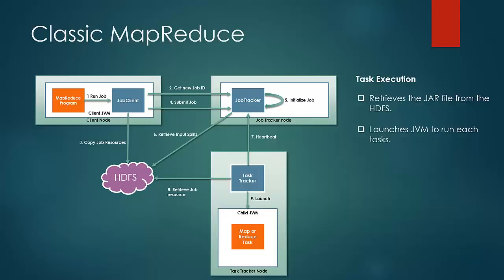Task tracker sends regular updates about the percentage of completion of the task through heartbeats. And then the job tracker combines the progress of all the task trackers to update the client with the overall progress. Calculation of progress is simple in map task but a little tricky in reduce phase. We will look into it in the next slide.